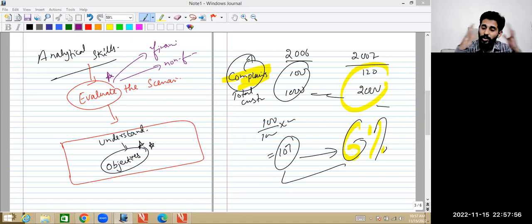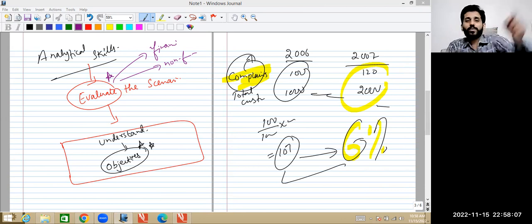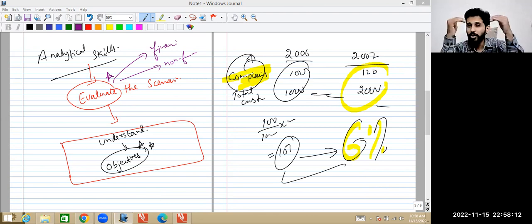I am advising that if you are going to attempt the exam in December 2022, you must solve this year's questions, that is March, June, if available on your website. And you must attempt last year's questions as well, because solving the recent questions will enable you to understand the concepts and get an idea how the exam works.